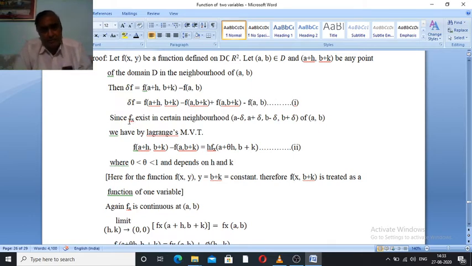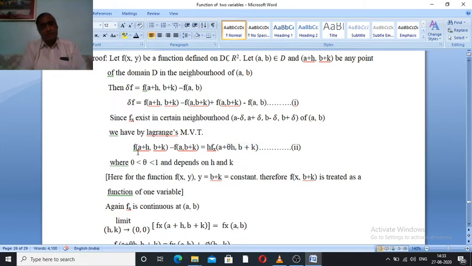Since it is given f x exists in a certain neighborhood of a minus delta, a plus delta, b minus delta, b plus delta, open interval a, b, we have by Lagrange's mean value theorem f of a plus h, b plus k minus f of a, b plus k is equal to h f x a plus theta h, b plus k.